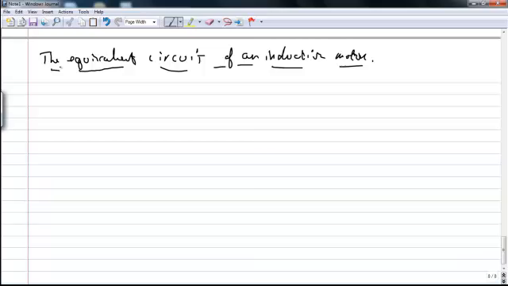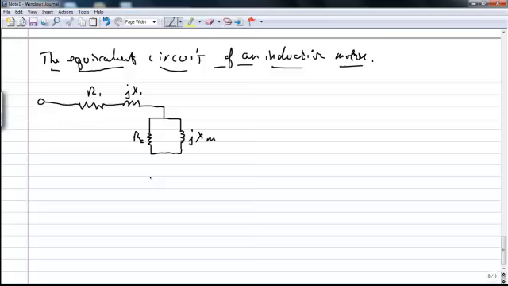So let's just start out with the transformer circuit model. We have our primary side resistance and inductance, and then we have our excitation branch, which captures our core losses, as well as the inductive component in the core.